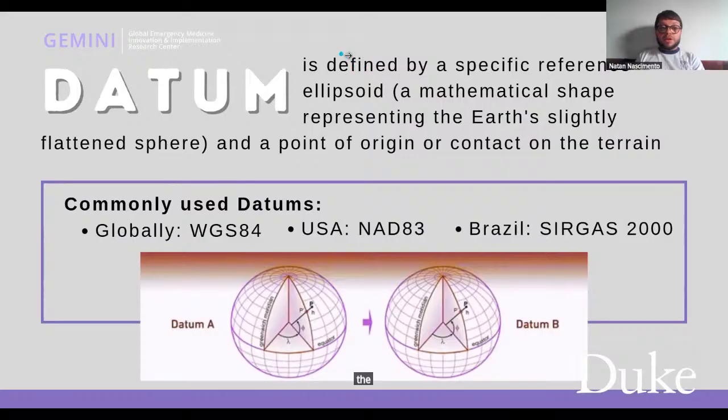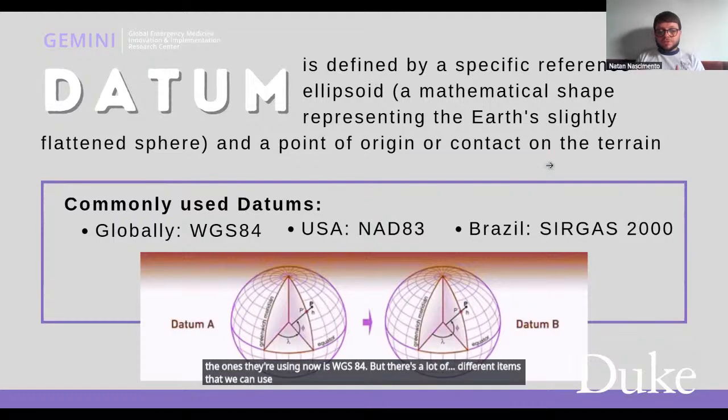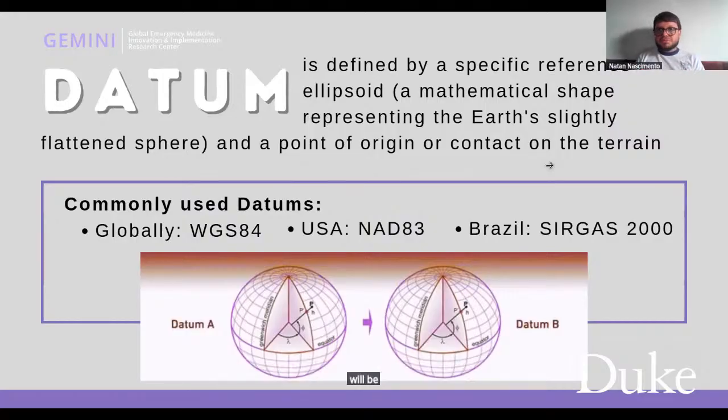The one they're using now is WGS84. But there are a lot of different datums that we can use. If you search for a list of the datums, it will be around 200 probably, and that's just the basics, because there are really a lot.